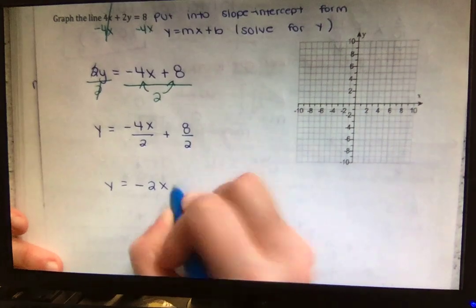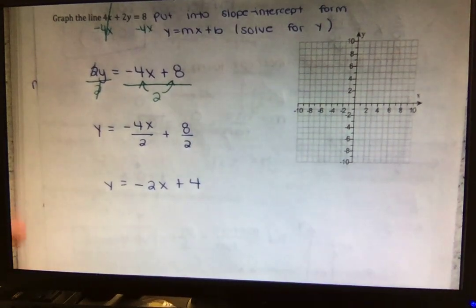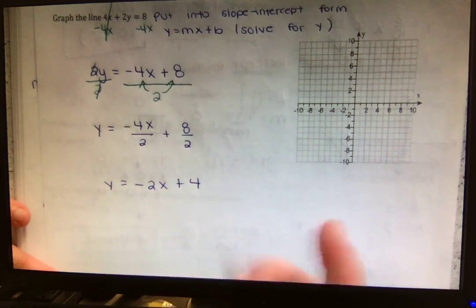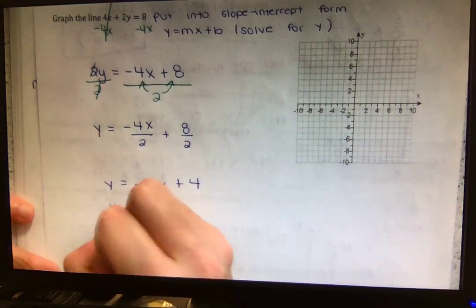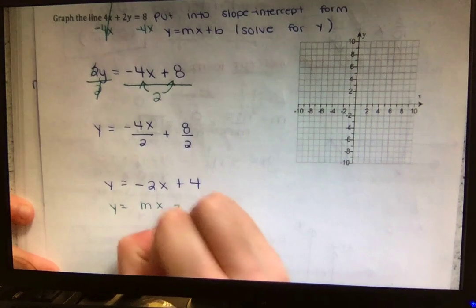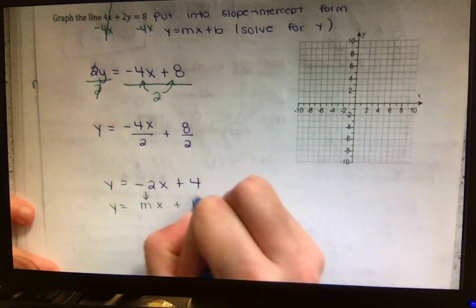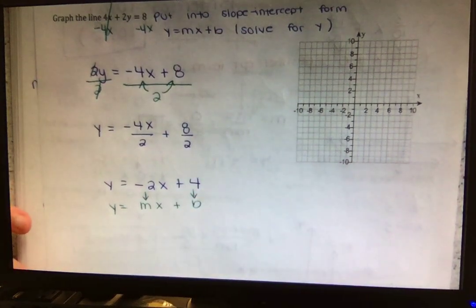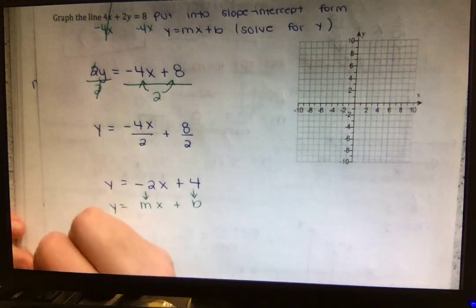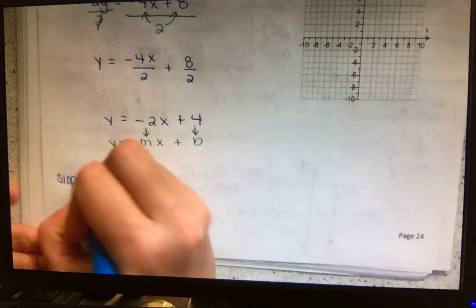Plus 4, thank you. 8 divided by 2 will give us 4. So thankfully now it is in slope-intercept form of y equals mx plus b. So now I can easily see my slope and my y-intercept. So help me out. What is our slope? What is our m value?